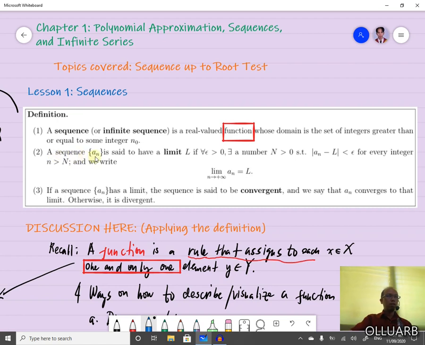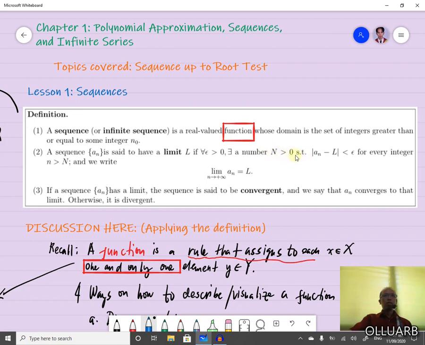A sequence an, because it is a function, is said to have a limit L if for every epsilon greater than 0 there exists a number N which is greater than 0. This number N here need not be an integer. It could be a real number. It will be a real number.